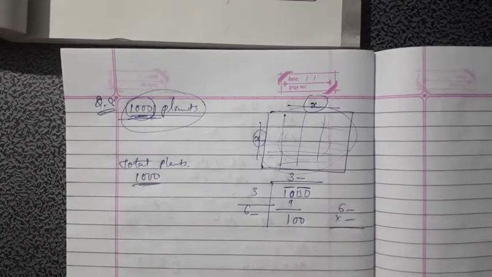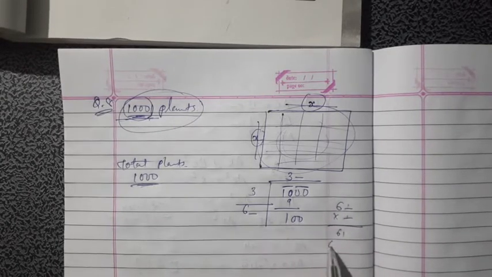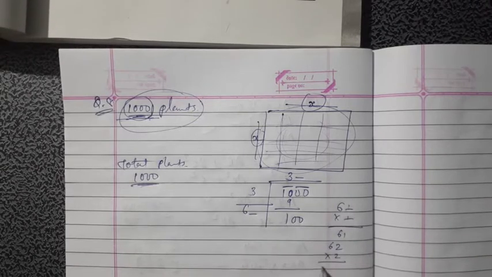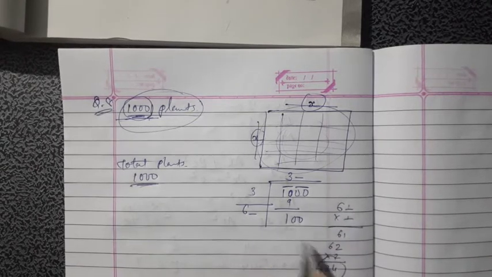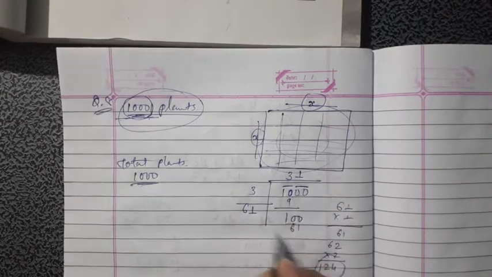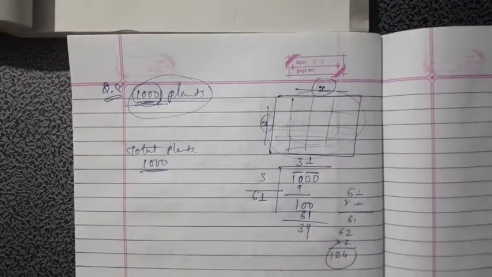If we take 1, 61 ones are 61. If we take 2, 62 twos are 124, which is more than 100. So we take 1, and the difference is 39.